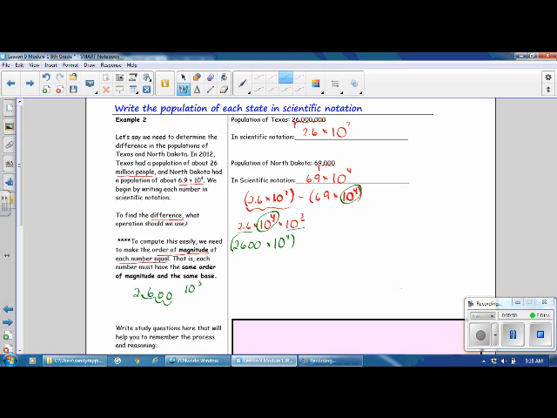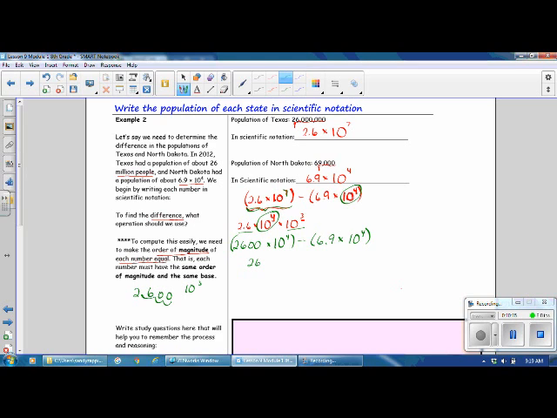Now I can subtract because I have the same order of magnitude. Notice that when I rewrote this with a different order of magnitude, my exponent decreased by 3 place values. When your exponent decreases by 3 place values, then your decimal must increase by 3 place values. Now I'm going to rewrite this using the distributive property.